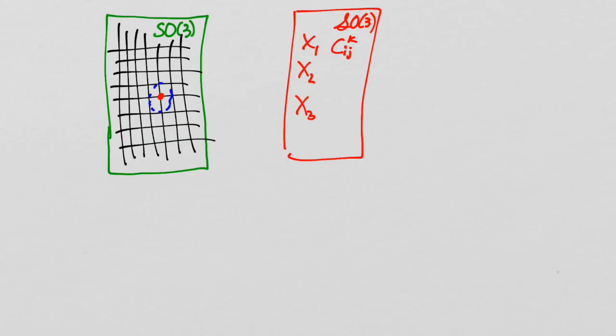So what have we got so far? Well, we've got our group, we've got our algebra. The reason we have our algebra is we figured out the 3 basis vectors of the algebra as a vector space, and we've discovered the structure constants. And so that's pretty much the whole story for the algebra.